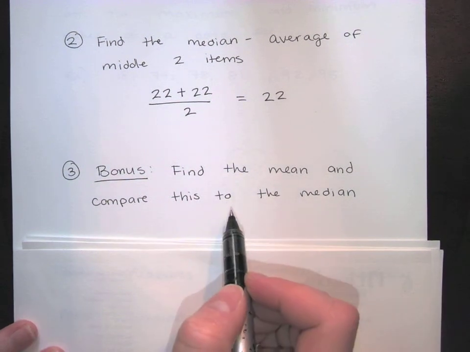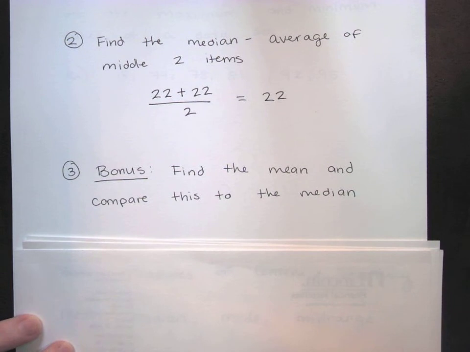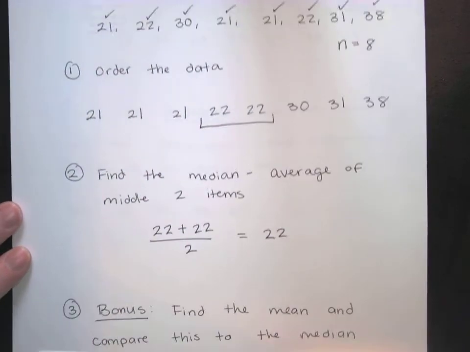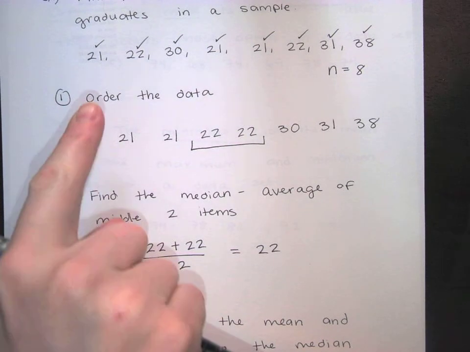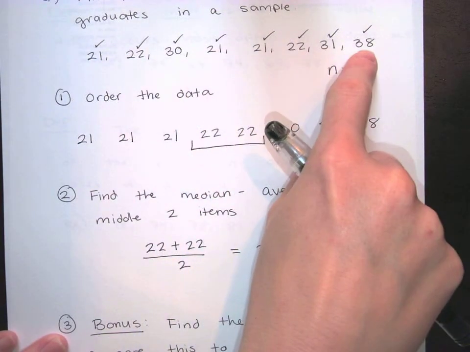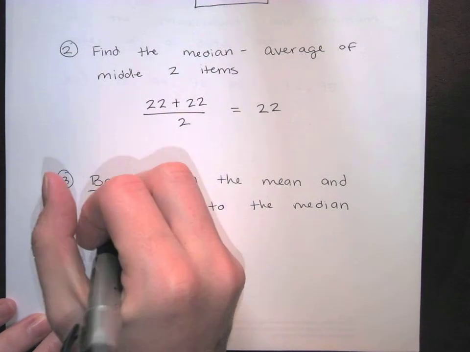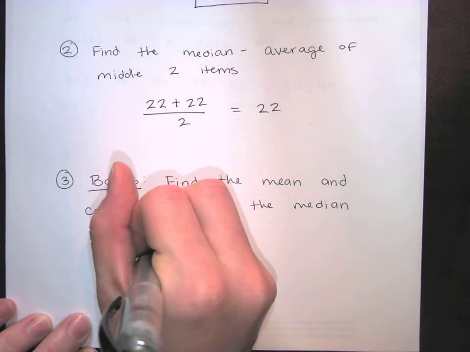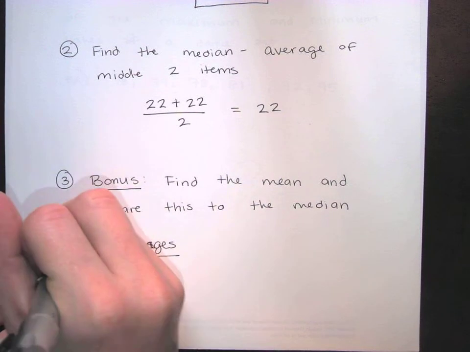Let's find the mean for this data set and then compare that to the median that we got here. So if we look back up at our list to find the mean, I'm going to add all of these together and divide by 8. So that's going to be the sum of the ages divided by 8.